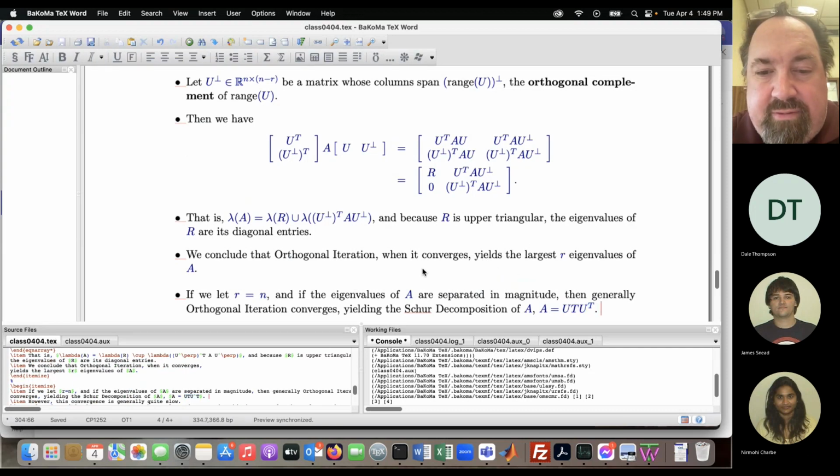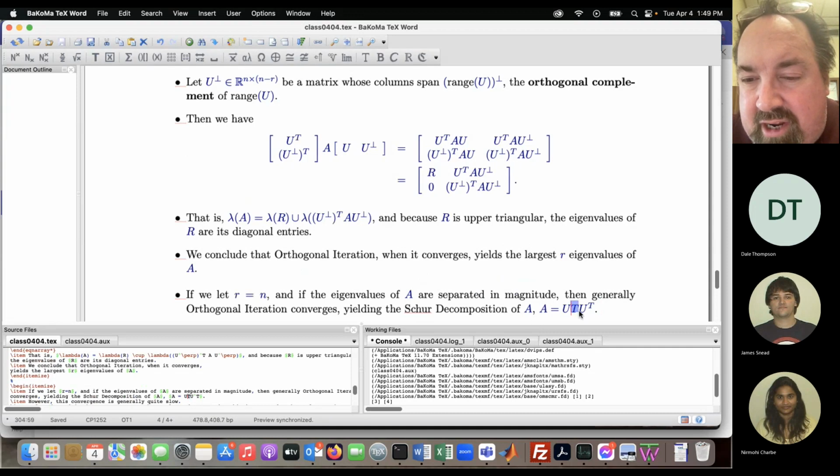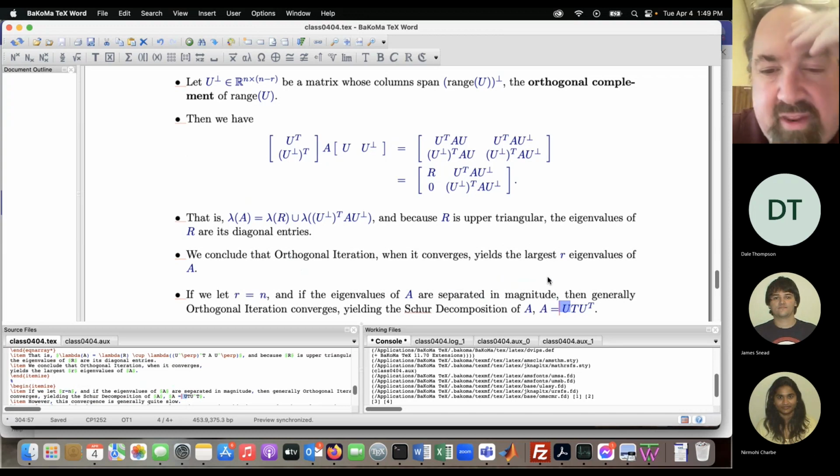So if the eigenvalues of A are all separated in magnitude, then what orthogonal iteration would give us is the Schur decomposition of A. Because this matrix would be upper triangular, this matrix would be orthogonal, so then the diagonal of T would give us all the eigenvalues.